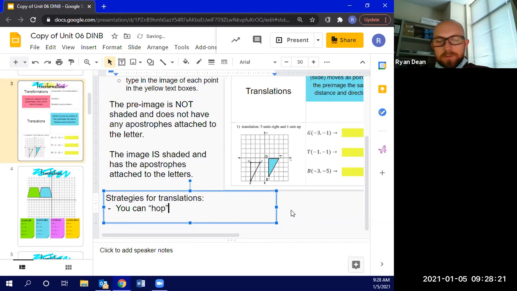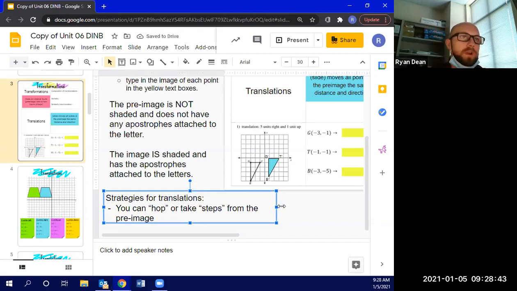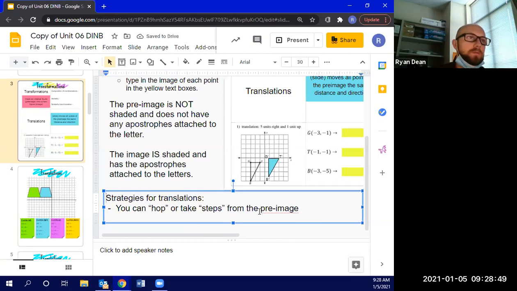Okay, you can call it hops, you can call it steps, whatever you feel helps you the best. You can either hop or take steps from the original picture, from the pre-image. So you can hop or take steps from the pre-image and then this is going to help you to make the new shape, which is called the image.